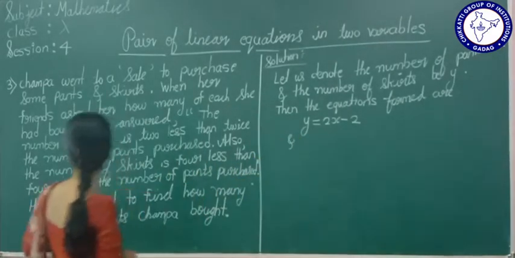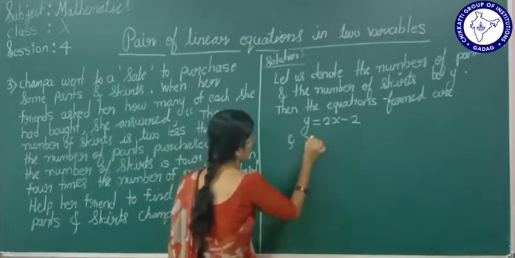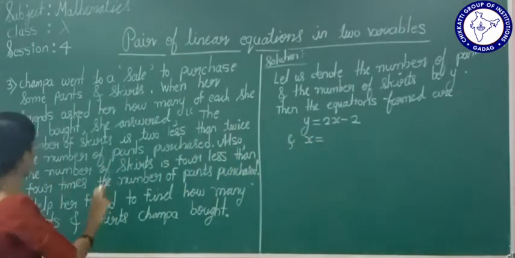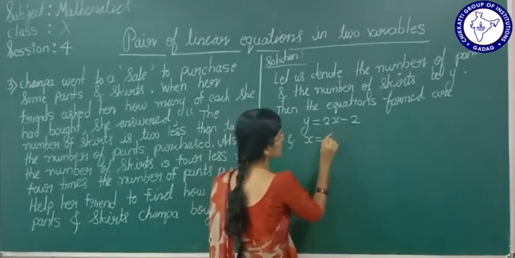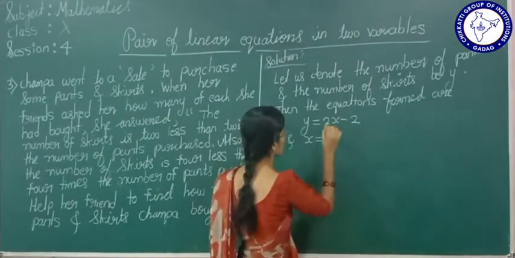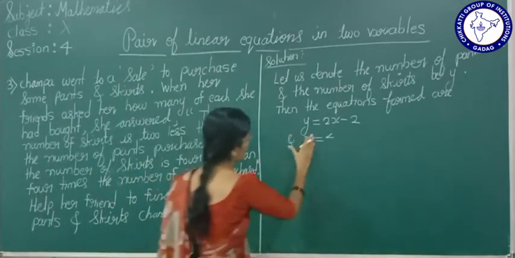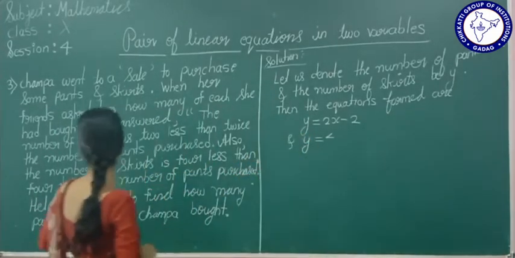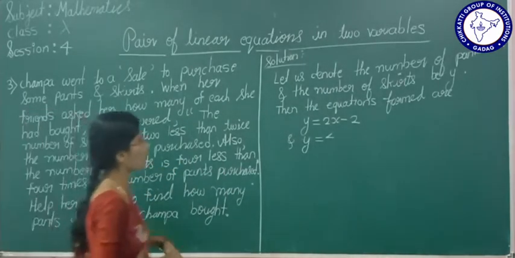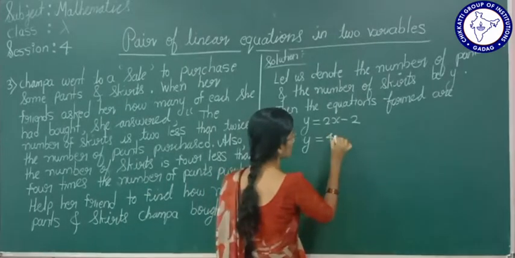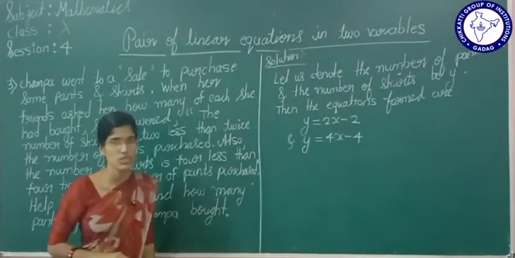And also, the number of skirts is 4 less than 4 times the number of pants. 4 times the number of pants means 4x, minus 4. Okay, these are the equations formed.